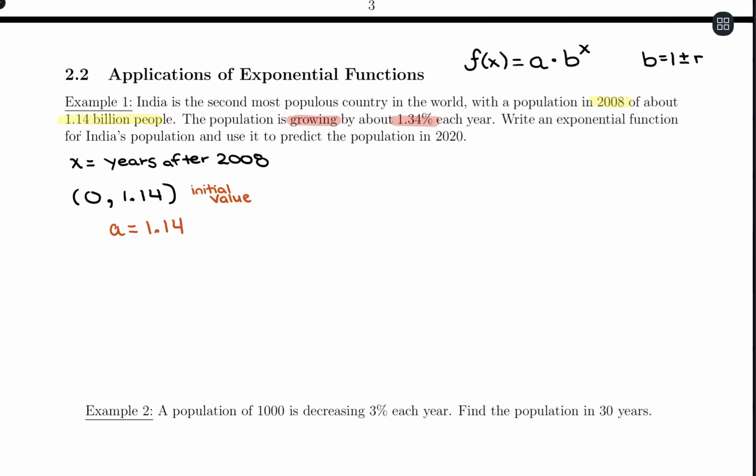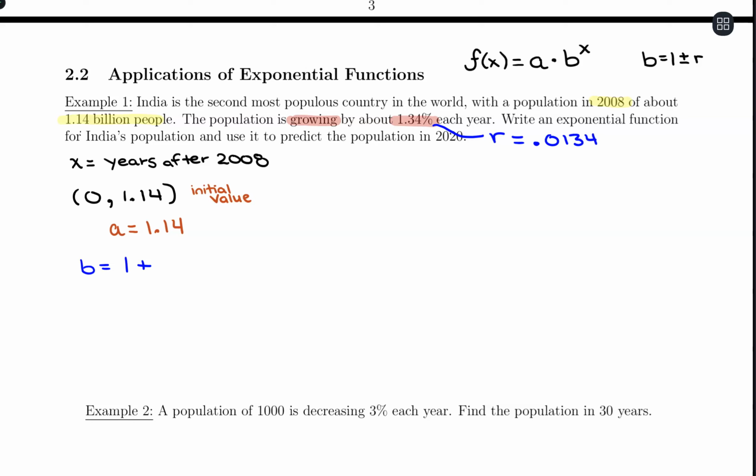Then to calculate b, we're going to use 1 plus, since it's exponential growth, and this 1.34%, that's our value for r. And when we're doing calculations, we want to take percentages and change them to decimal form. So I want to use 0.0134.